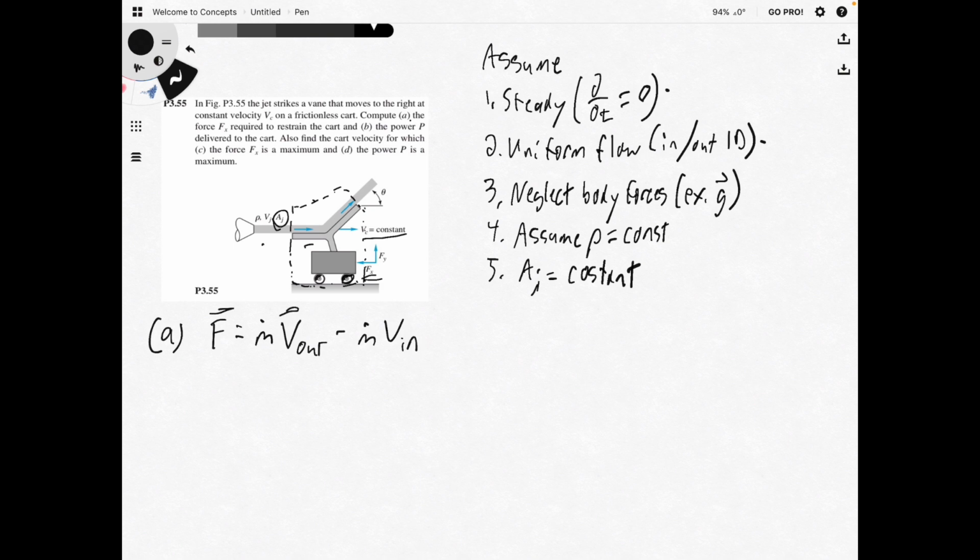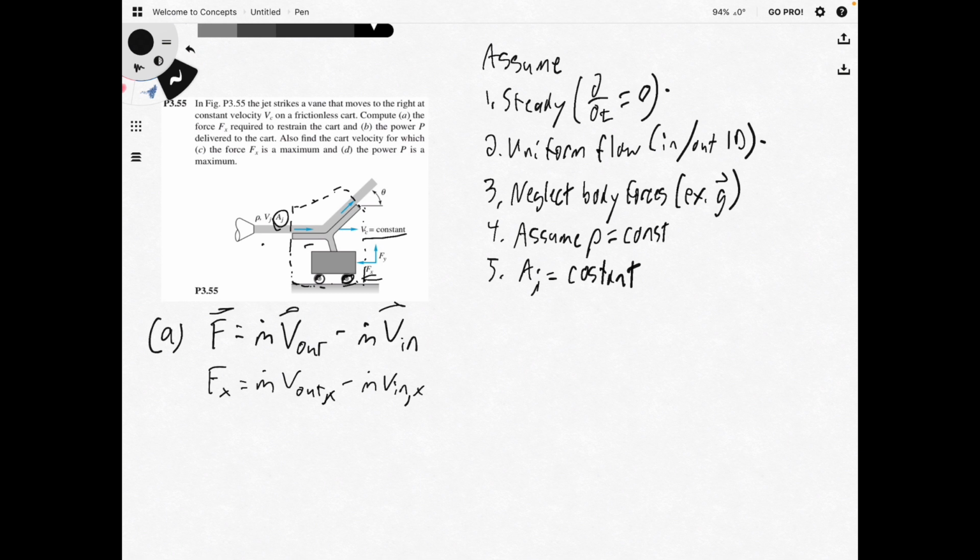And this is the vector force that we're looking at here. And since we want to find the force component in the x direction, Fx is equal to m dot times v out x minus m dot v in x. Okay, so that's what we're looking to solve for.